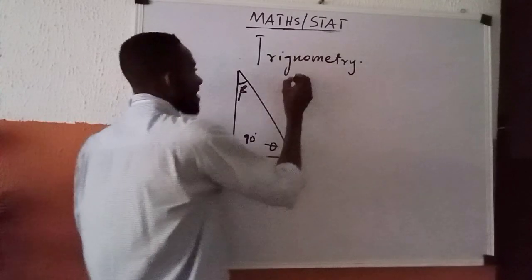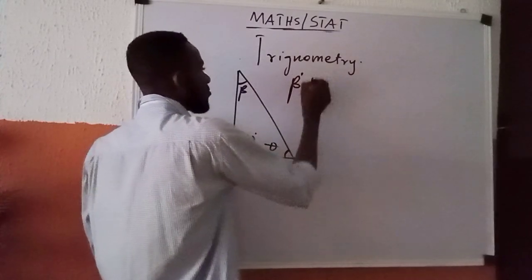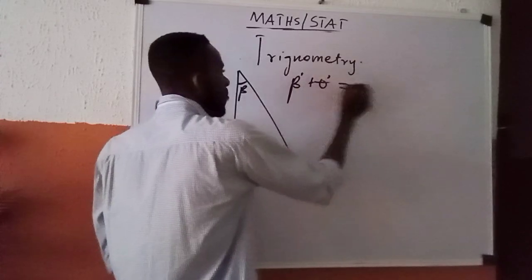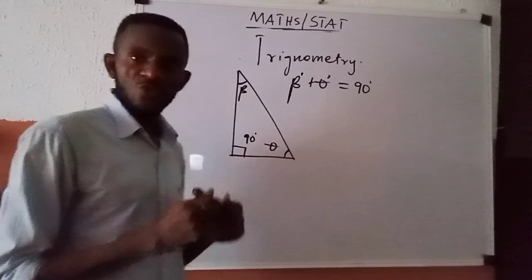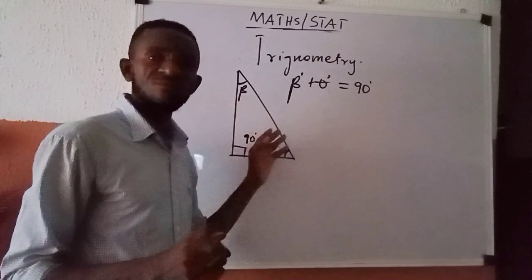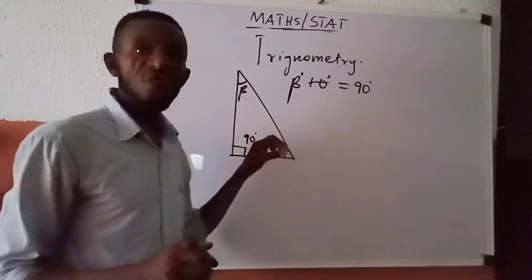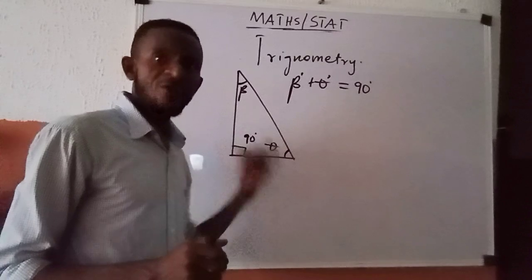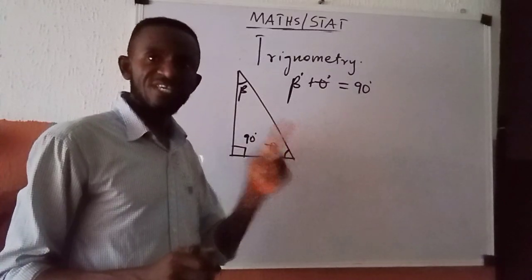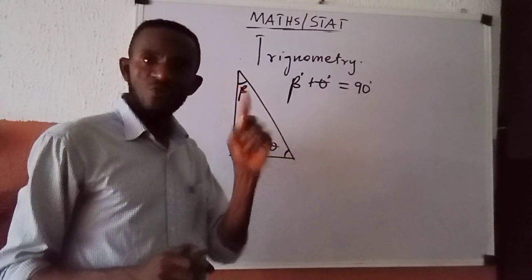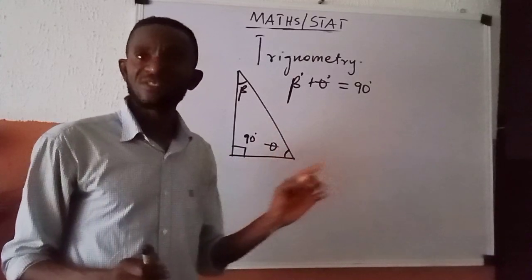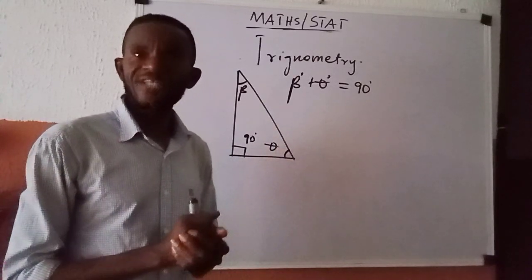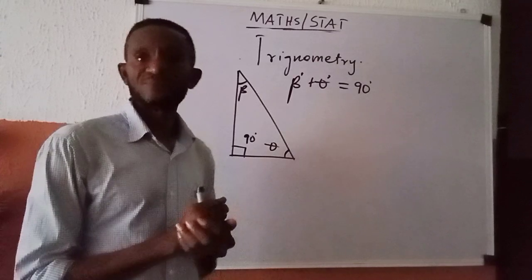That is, beta degrees plus theta degrees must give me 90 degrees. So any triangle that is drawn in such a way that one out of its three angles is 90 degrees, while the sum of the two remaining angles is 90 degrees, is what we call a right angled triangle.